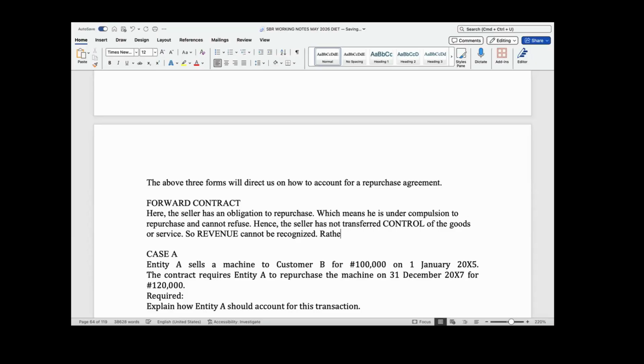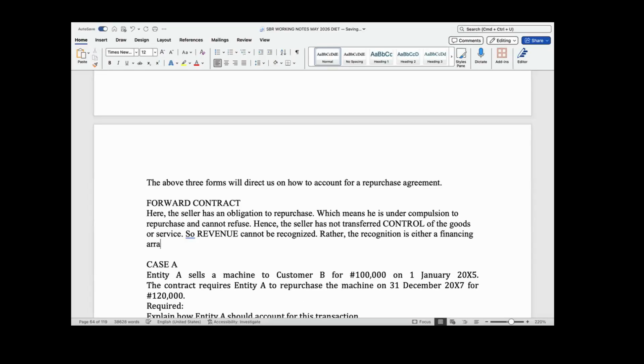Rather, the recognition is either a financing arrangement or a lease arrangement.